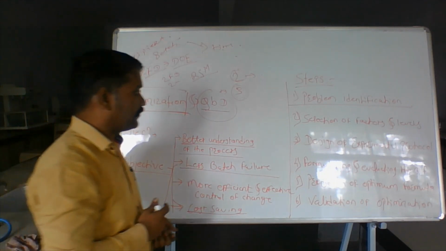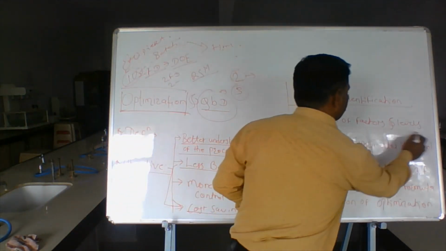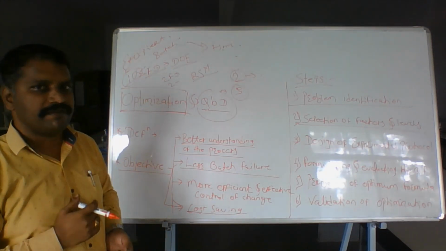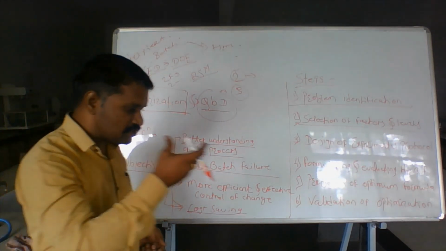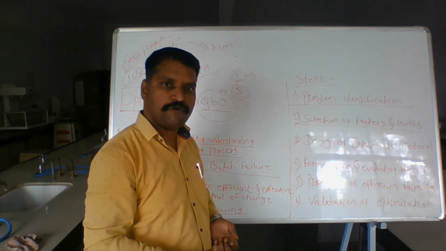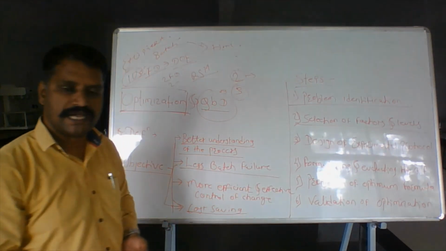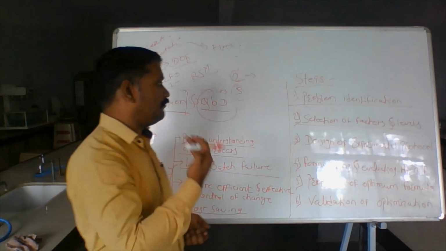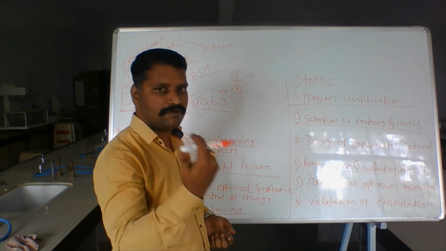Then you can start the next step of research: selection of factors and levels, the selection of dependent and independent variables. Suppose you are going to develop a formulation, then you can decide which are the important factors, the independent variables, in your formulation.